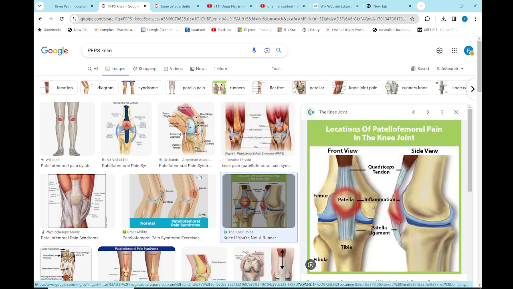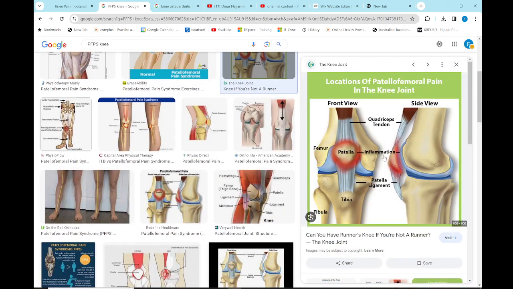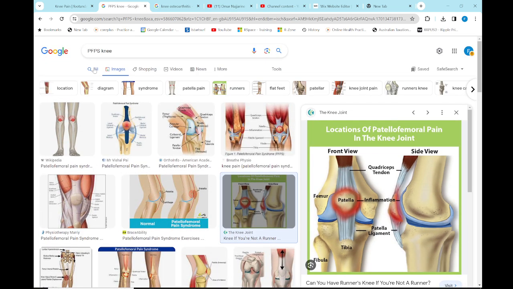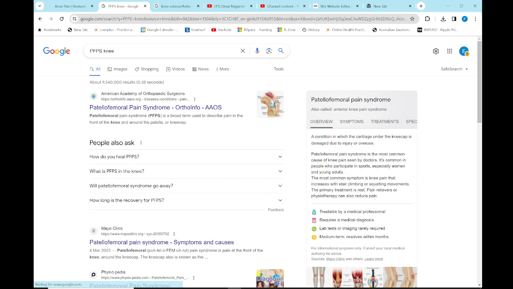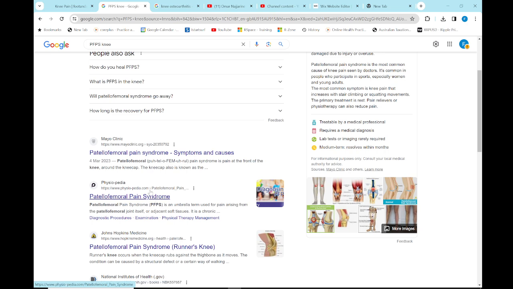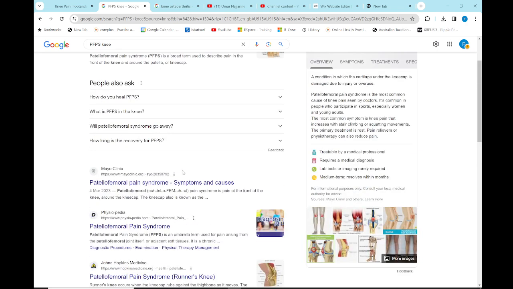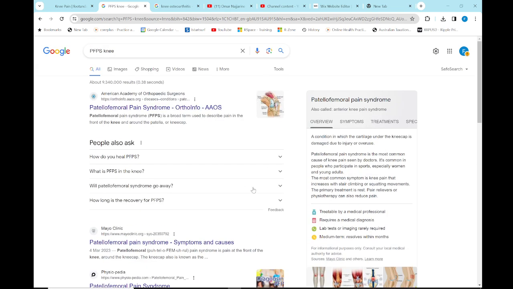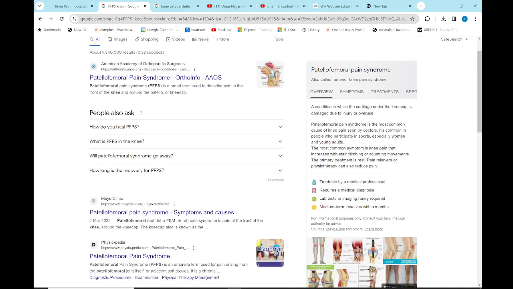Now, the actual cause of this type of pain is what we call multifactorial, meaning it can be caused by a variety of different things, either one of those things or a couple of them all together or at once. So a lot of times when a patient presents with this type of condition, we try to isolate what the problem is.